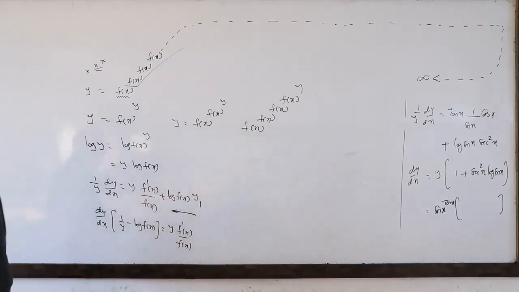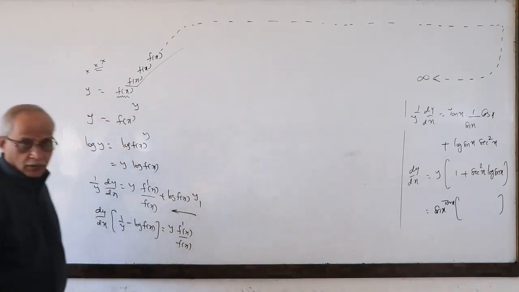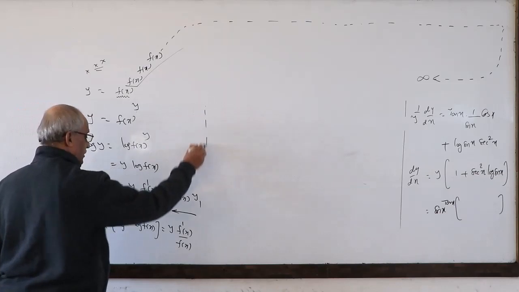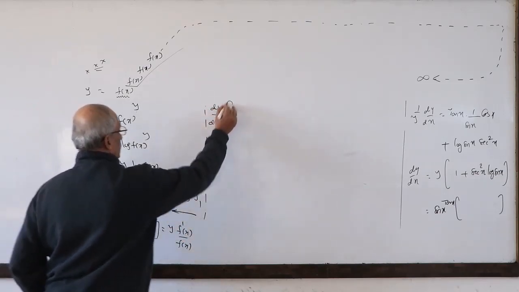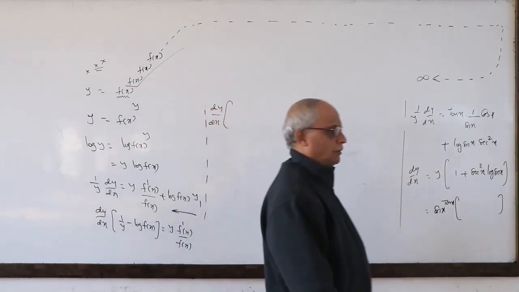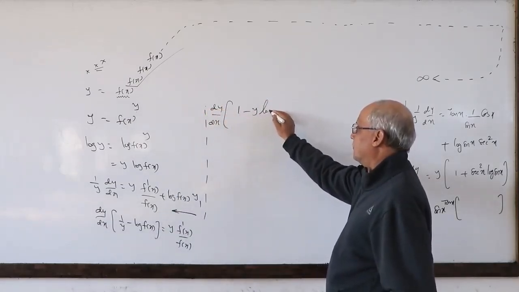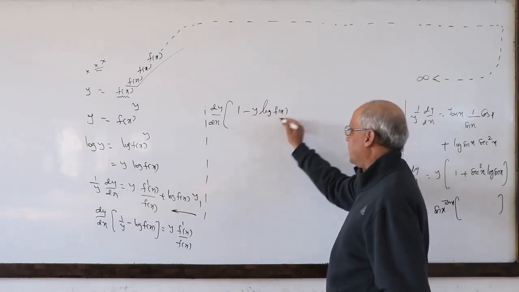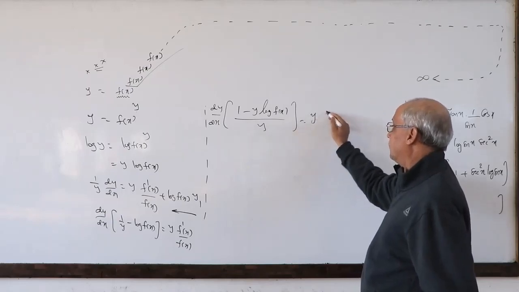Here, on the left side, you can still do something. After LCM, suppose y is there in the denominator: dy by dx into (1 minus y log f of x) by y is equal to y into f dash x by f of x.